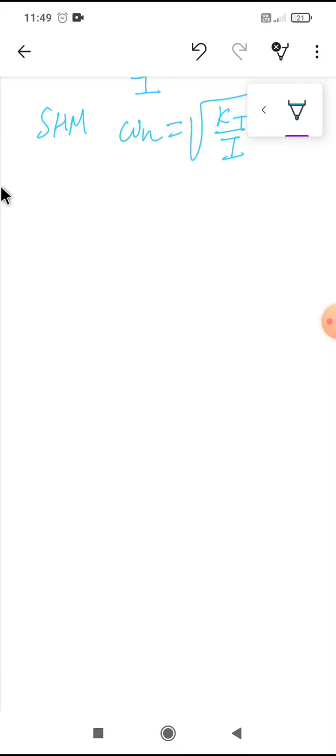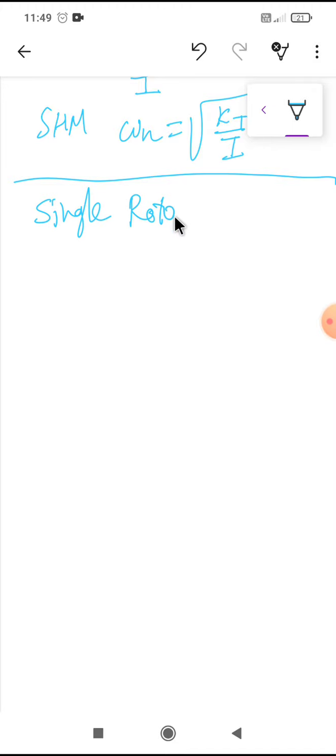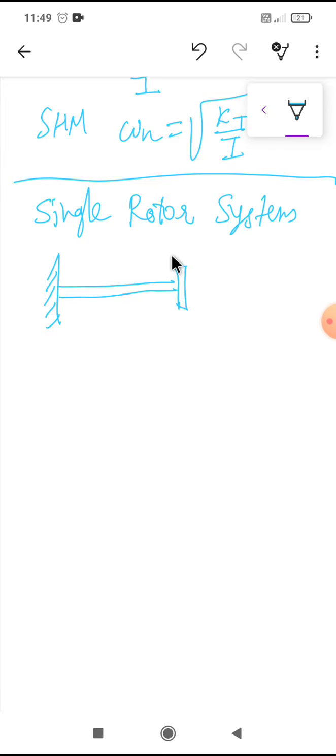We will start with the equation of torsion for a single rotor system. Suppose this is a fixed support, similar to a cantilever beam.